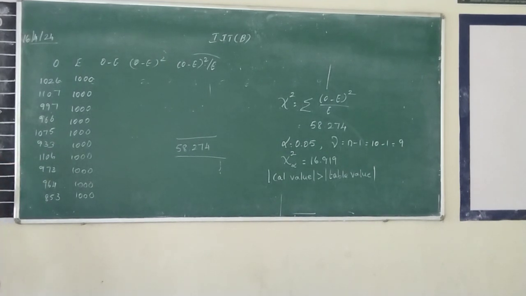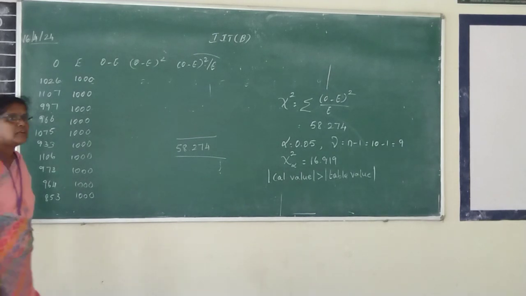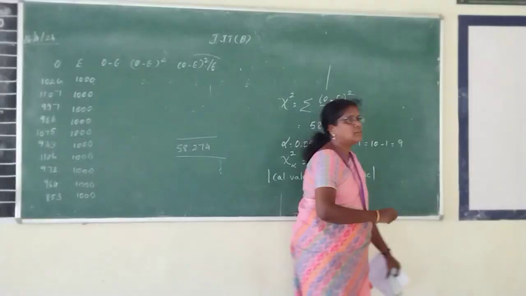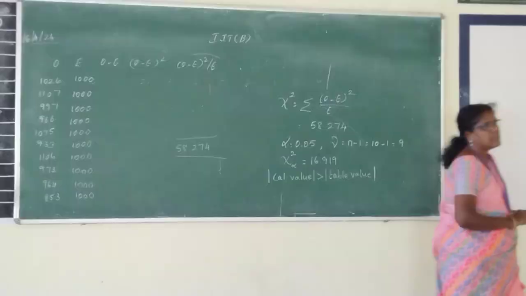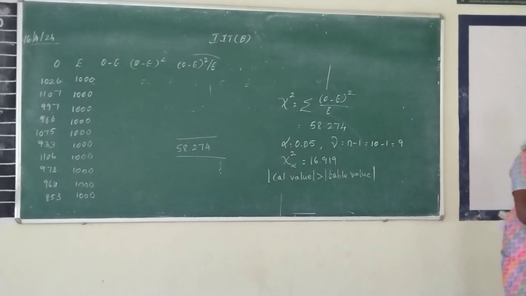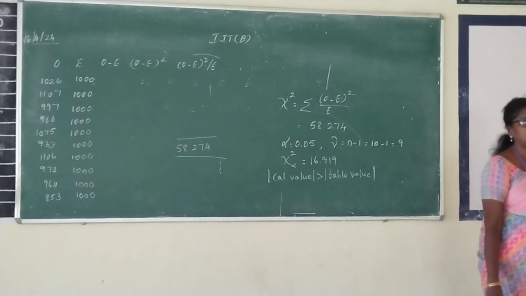What is the assumption H1? Not uniformly distributed. Hence the digits in the telephone directory are not uniformly distributed.